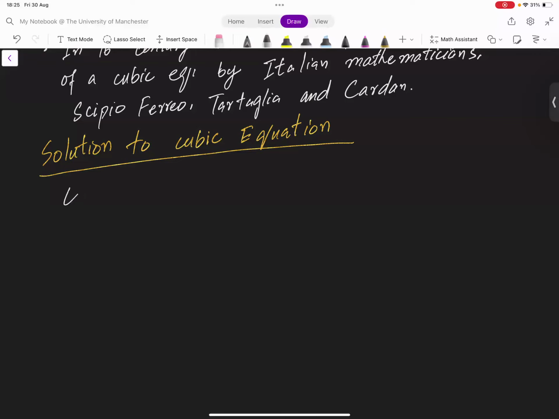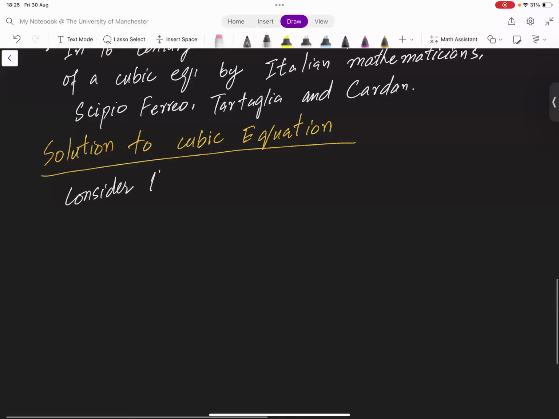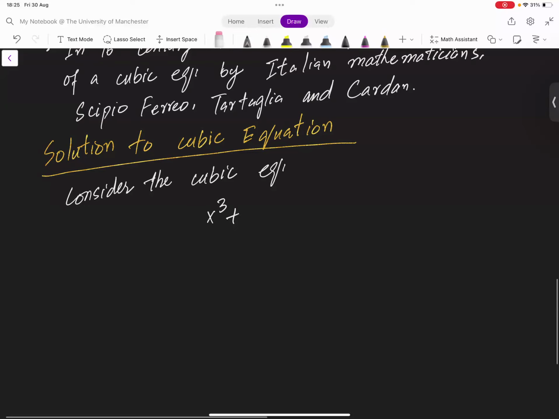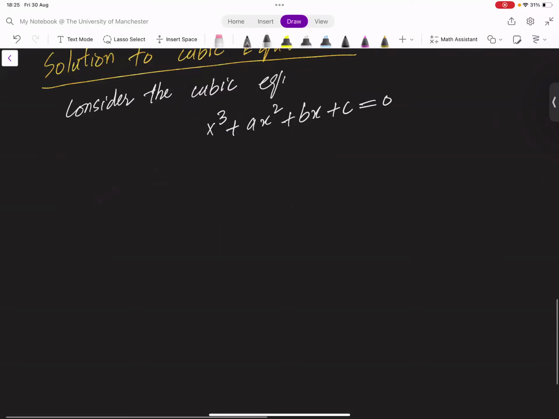Consider the cubic equation x cubed plus a x square plus bx plus c is 0. We are considering that the coefficient of x cubed is 1.